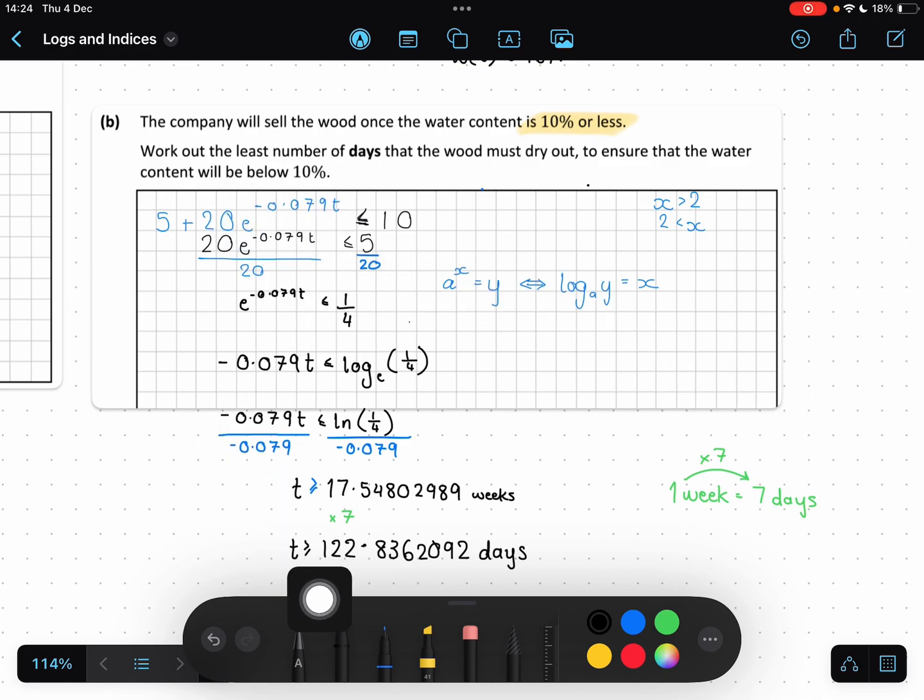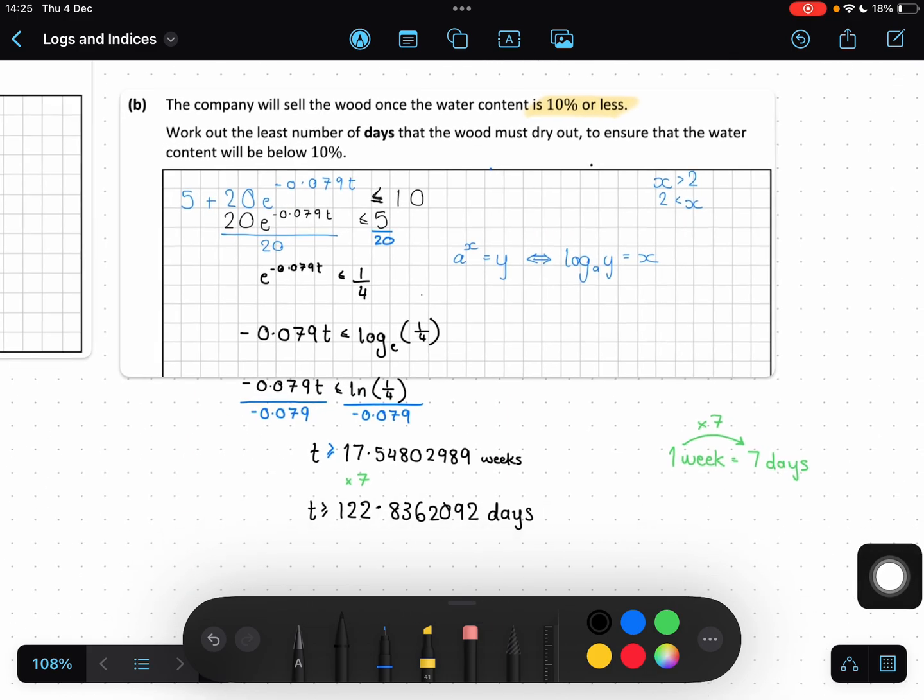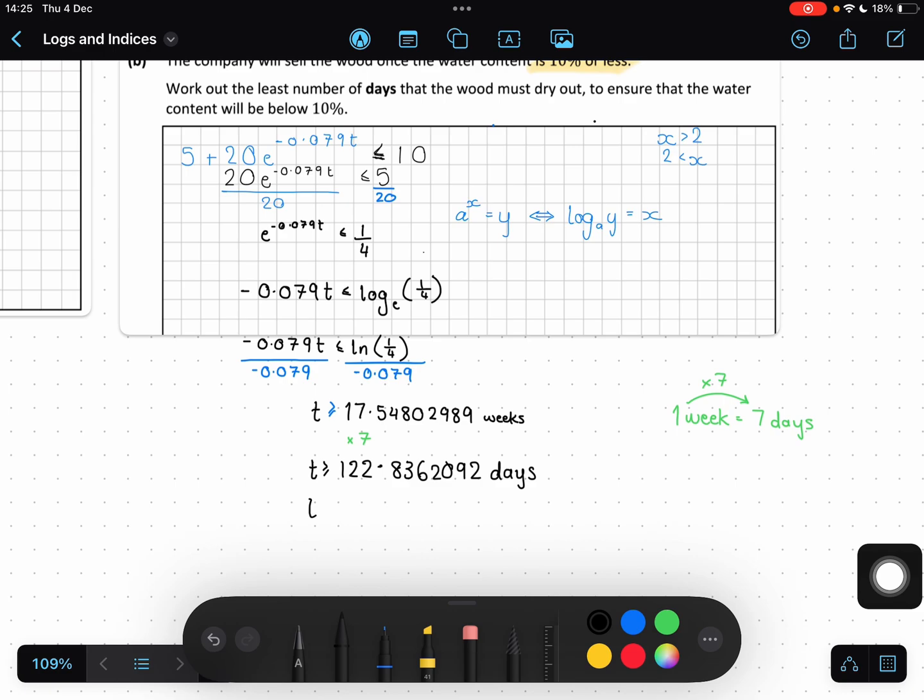So here, even if that was 122.1 days, it's not ready at the very start of the 122nd day, it's not ready to sell. So 122 days in, it's not ready to sell, but by 123 days, it is. So t there is 123 days.